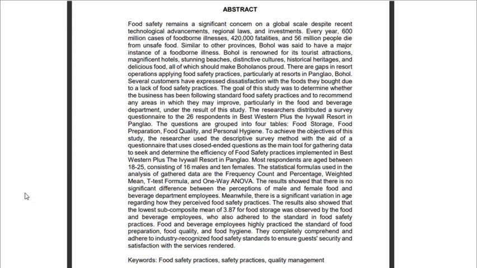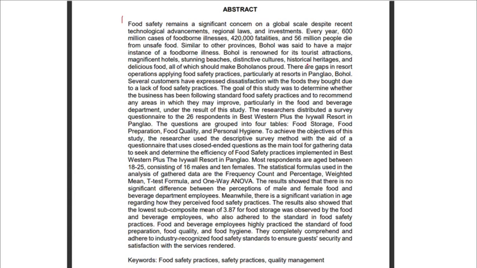So first is the introduction. Here, food safety remains a significant concern on a global scale despite recent technological advancement, regional laws, and investments. Every year, 600 million cases of foodborne illness, 420,000 deaths, and 56 million people die from unsafe food. Similar to other provinces, Bohol was said to have major instances of foodborne illness.